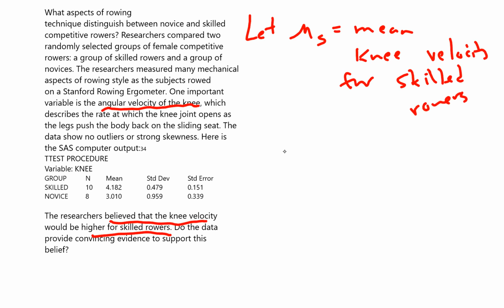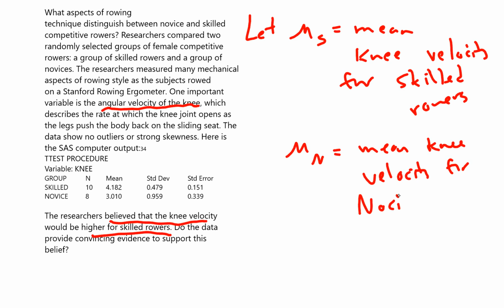And then similarly, mu sub n will equal the mean knee velocity for novice rowers.